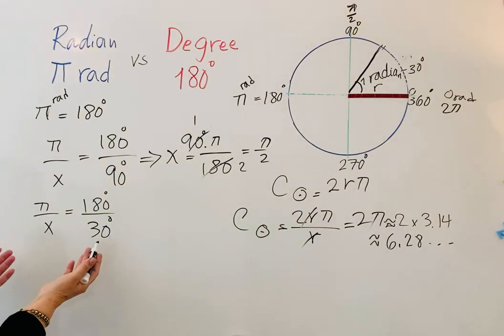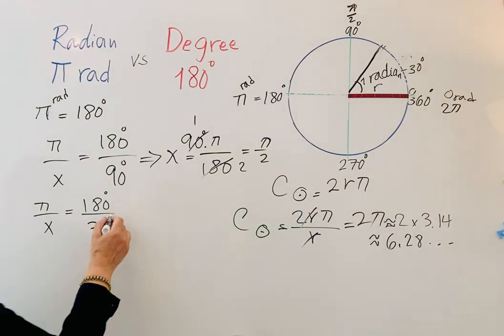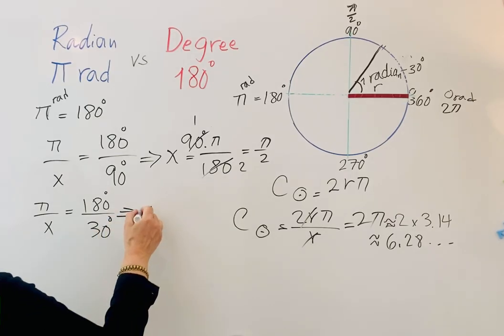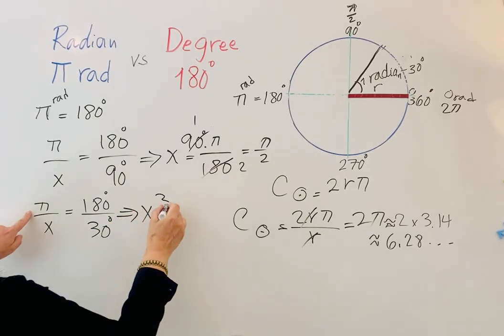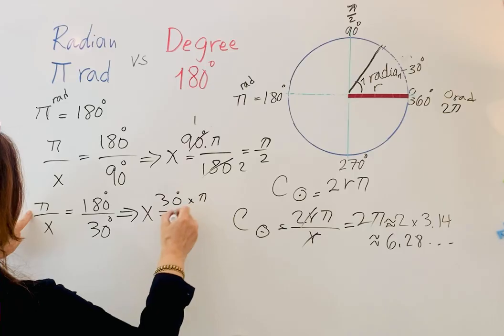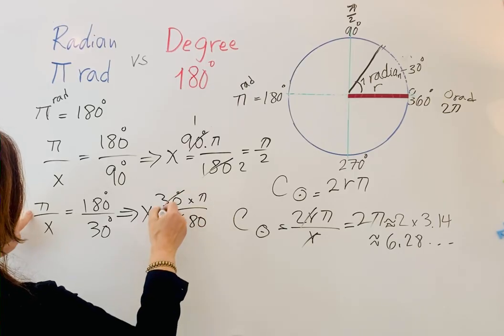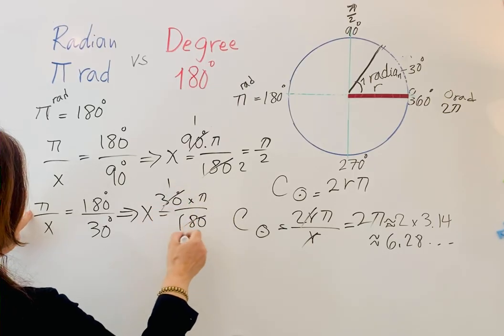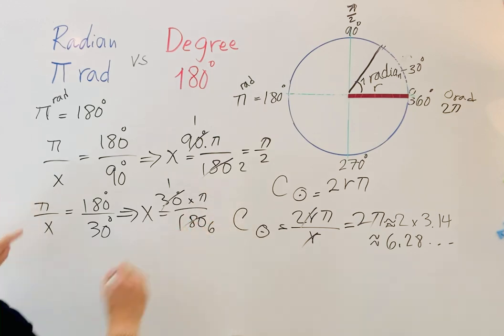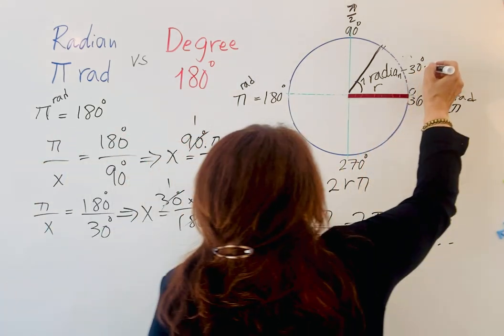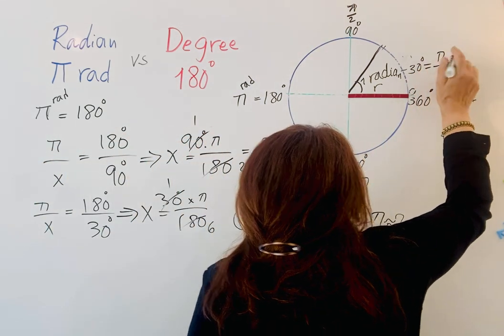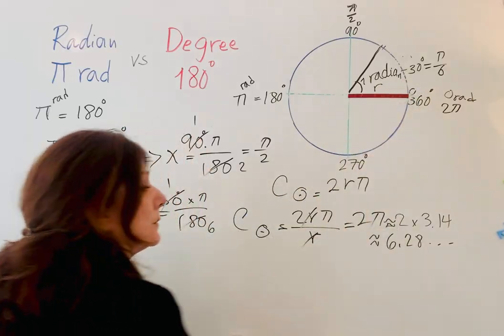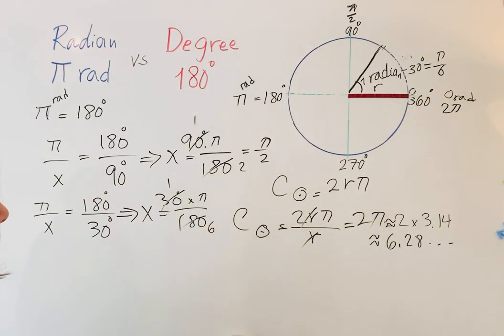This is a proportion. Cross multiplication: 30 degrees times pi over 180, simplified by 30, gives pi over 6. 30 degrees is pi over 6. You see this one when you go to trigonometry and other things.